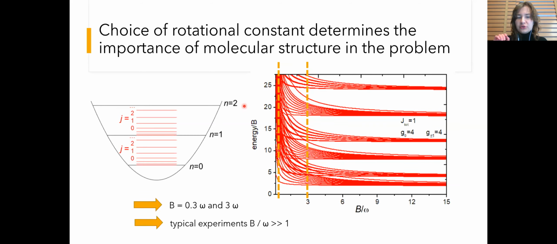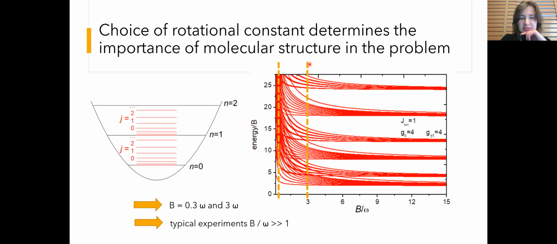So what we did in the first approach, we chose a pretty small ratio between the rotational constant and the harmonic trapping, which really allowed us to enhance these molecular features. It was kind of a toy model with which we wanted to show what we can expect from the molecular properties of the system.